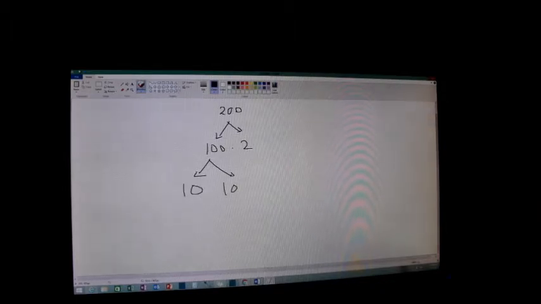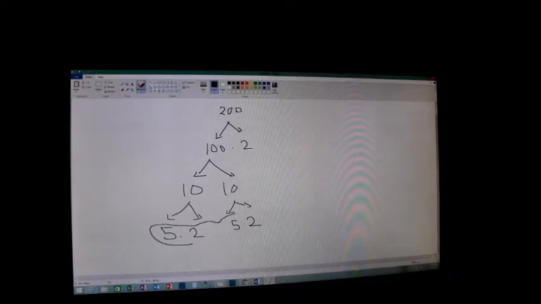What are two numbers that multiply to equal 10? Well, 5 times 2 equals 10. That is the end of all the work.